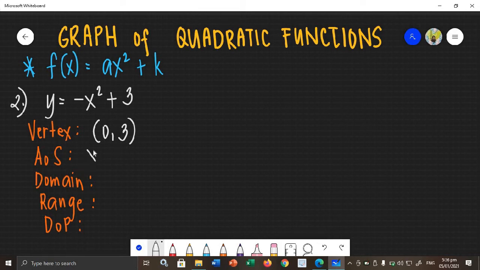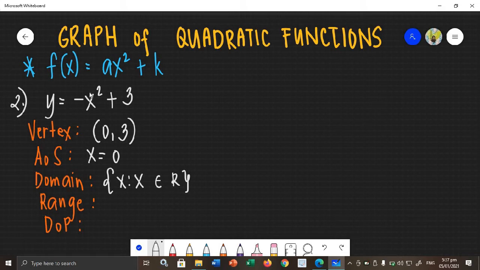And then the axis of symmetry is x is equal to 0, depends on the value of the h. Okay? And then the domain, hindi siya nagbabago, no? In set builder notation, x is the set of all real numbers. Ang range natin is depende sa value ng coefficient sa quadratic term.